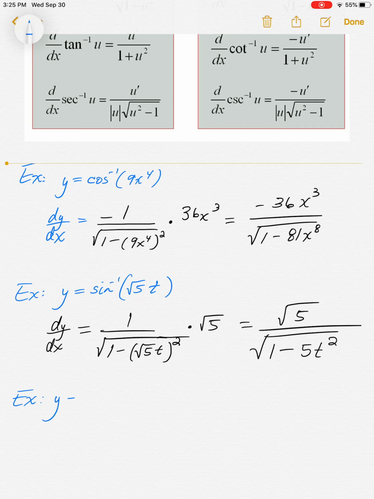All right, so last example, y equals cotan inverse of the square root of 3t.